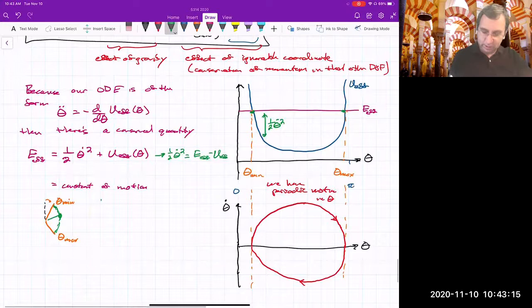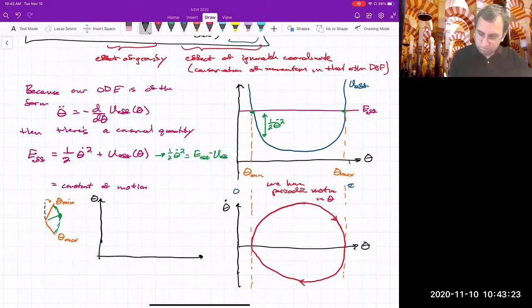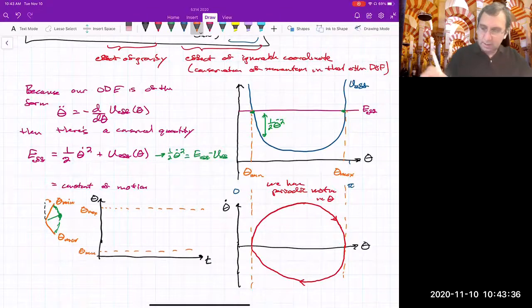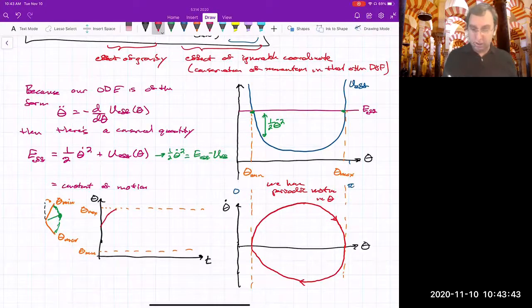So if we were to look at this in time, let's say theta versus time, then there'll be theta max, theta min, and the dynamics might not look like a sine or cosine, but it will actually be periodic.